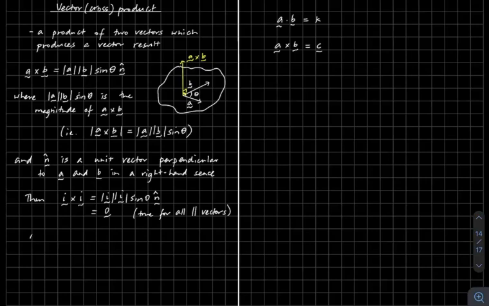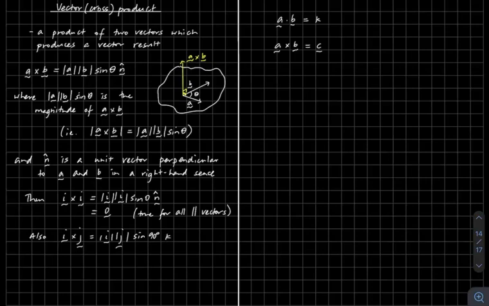What about if we took the cross product of, let's say, i and j? That's going to be the magnitude of i times the magnitude of j times sine 90, and then times a unit vector which is perpendicular to both i and j in the right-hand sense.